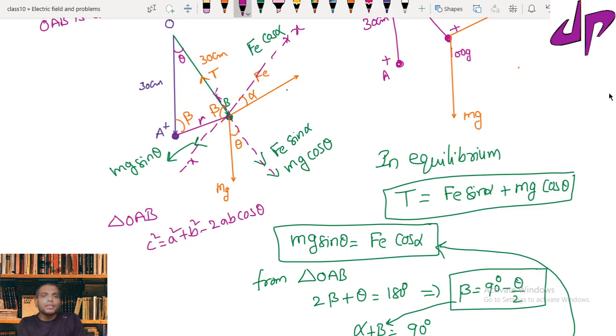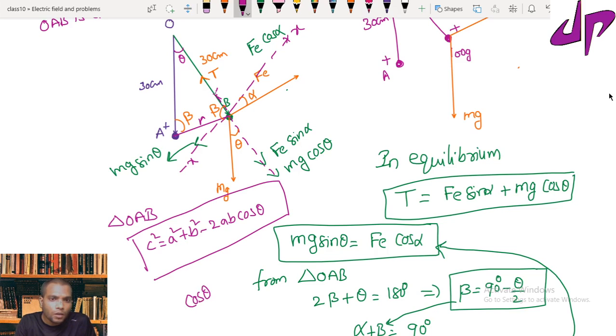Here a, b, c are the isosceles triangle side lengths. So this identity I am using directly. From this I can write cos theta equal to a square plus b square minus c square by 2ab. So this is the identity I am using to solve further.